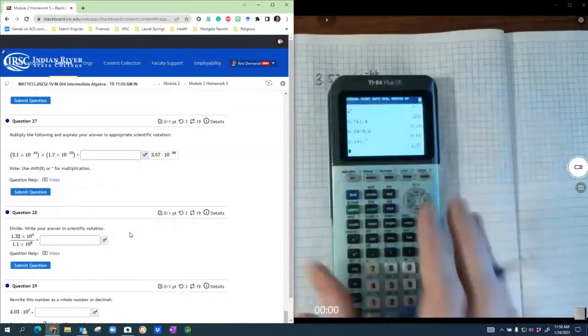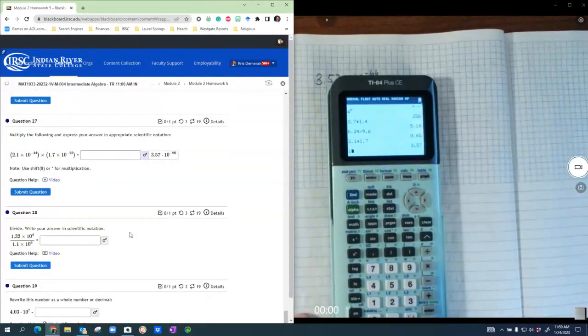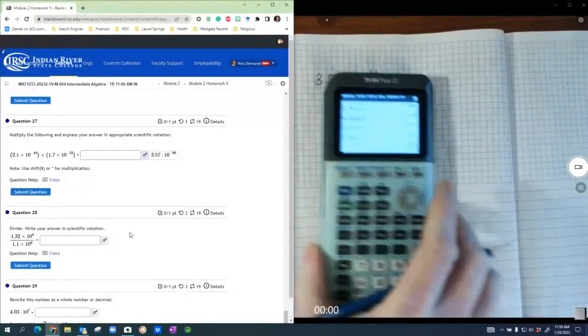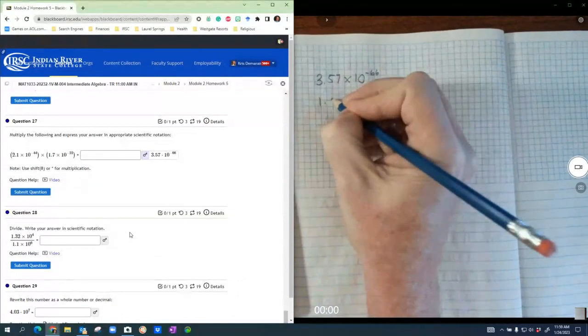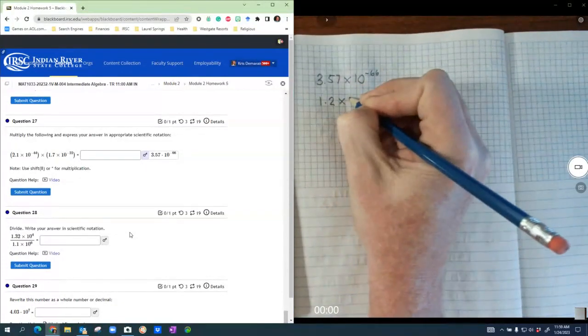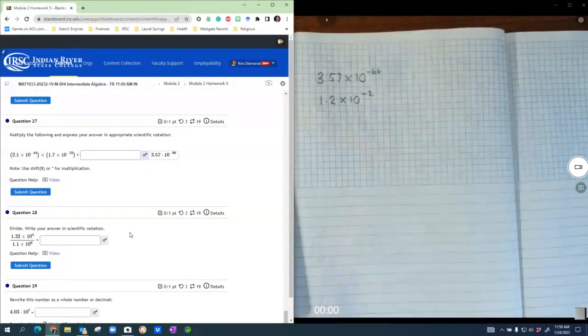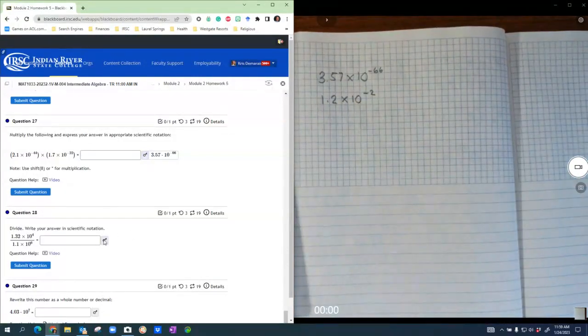This one, we're going to take 1.32 divided by 1.1, get 1.2 times, and then we take the 6 and subtract it from the 4 and get -2. So this one's done, because we're in proper scientific notation.